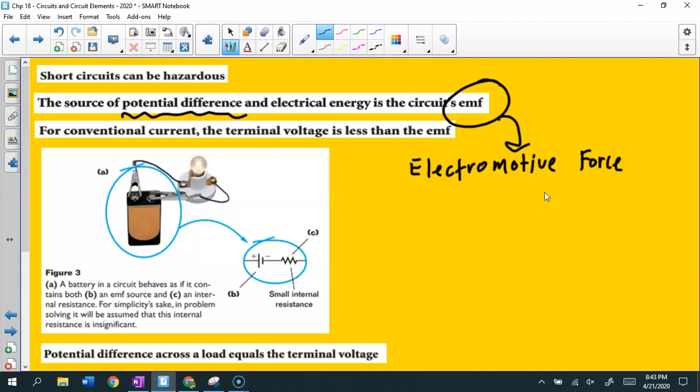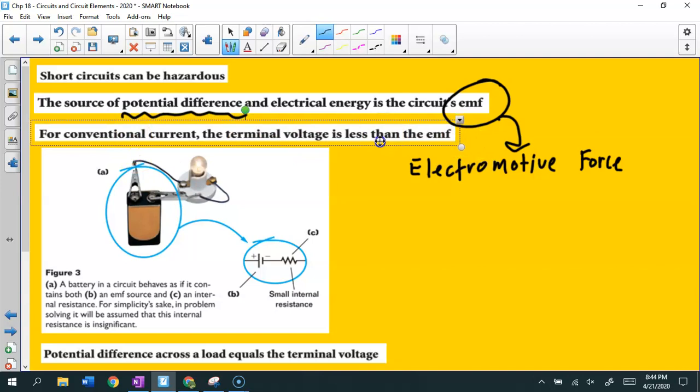All right. Now, one thing that you just want to know is for conventional current, the voltage that we have is a little less than the electromotive force. Read up on this, please, to understand what it's really talking about.